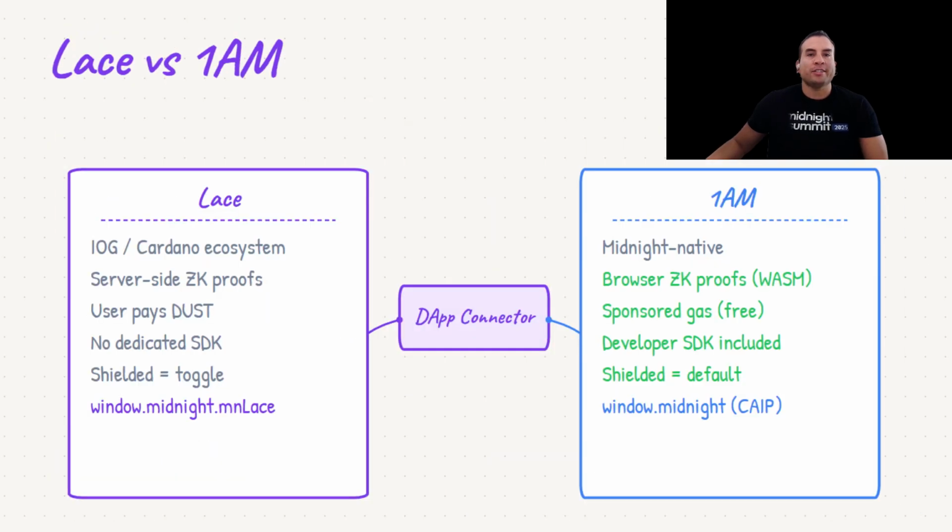Here's the side-by-side. Lace comes from the Cardano ecosystem. It delegates zero knowledge proofs to a proof server. Users manage and pay Dust, and it exposes the wallet via window.midnight.mnLace. Shielding is a toggle you turn on. 1AM is Midnight native.